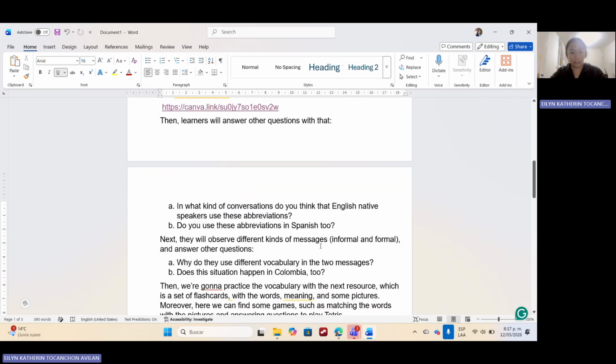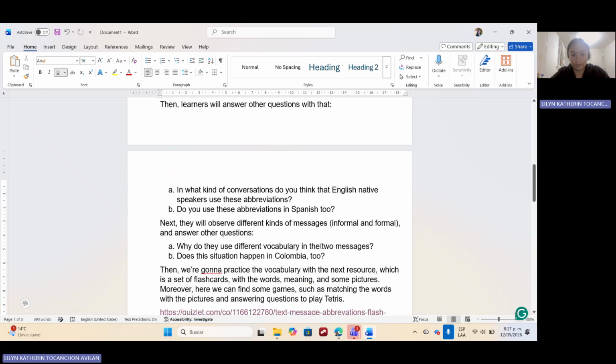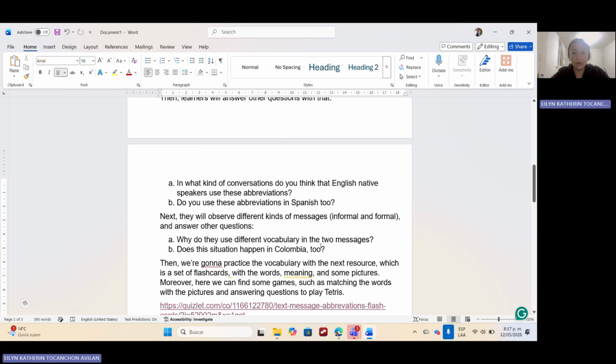Okay, with the presentation, we're going to answer more questions. In what kind of conversations do you think English native speakers use these abbreviations? Do you use these abbreviations in Spanish too?